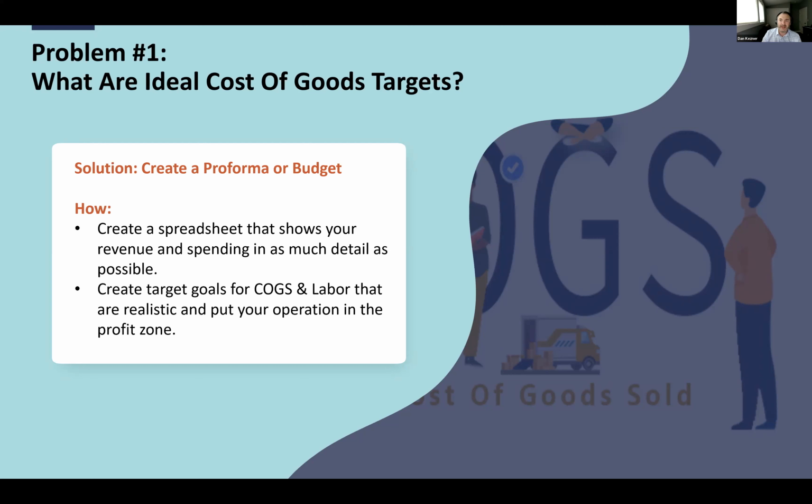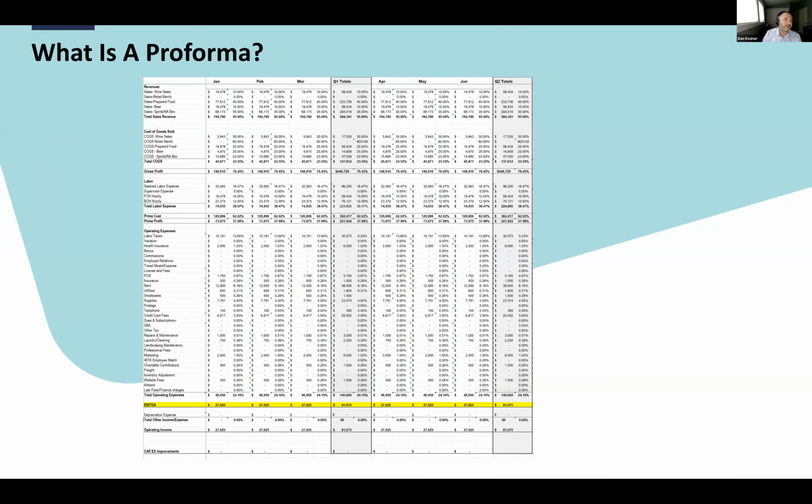So let's go ahead and dive into a performa. And I know this may be kind of hard to see on people's screens, so I'll just kind of walk through what a performa is. So, a performa is predictive, and it's what we think we're going to do. And you can create different ones and be more conservative with some than others.